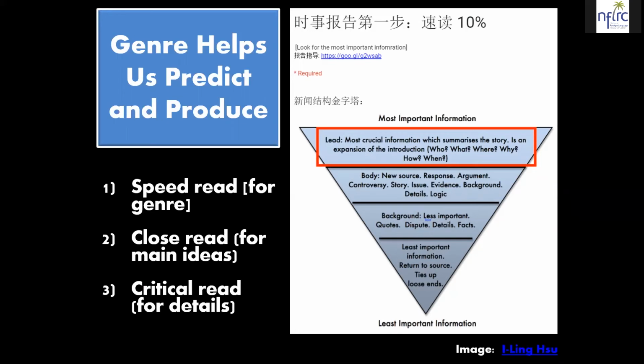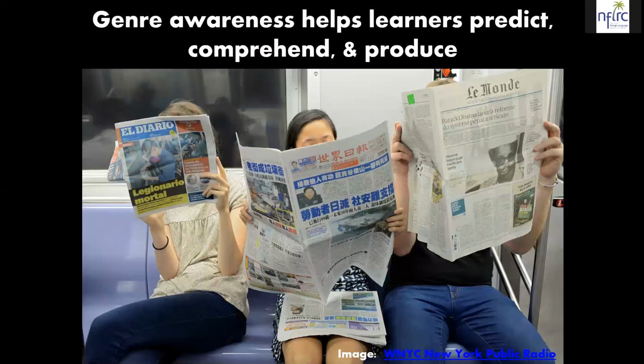And she asked her students to quickly speed read to figure out what the genre is, then to go through and read more closely, looking for the main ideas, and then to read more critically further down the newspaper article for the details. So genre awareness can help our learners predict, comprehend, and produce information.